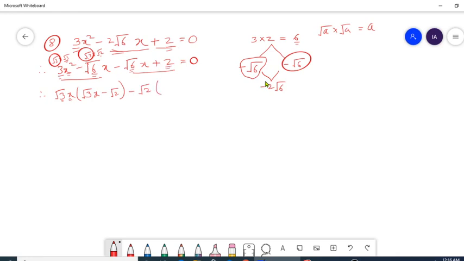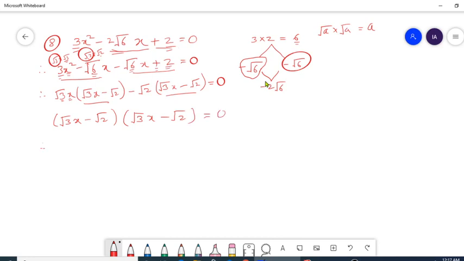This root 6 will have root 3 x plus, I am taking the minus sign, so this plus will change to minus, root 2 is remaining in the last term, equals 0. So these two are the same. So here you can say root 3x minus root 2 is one factor, and the other factor is root 3x minus root 2, equals 0.